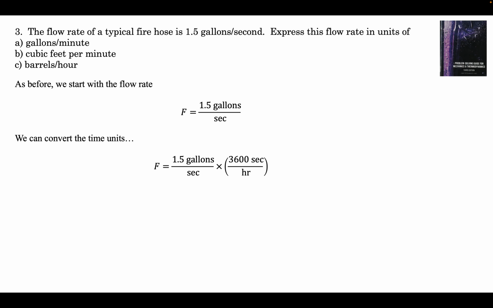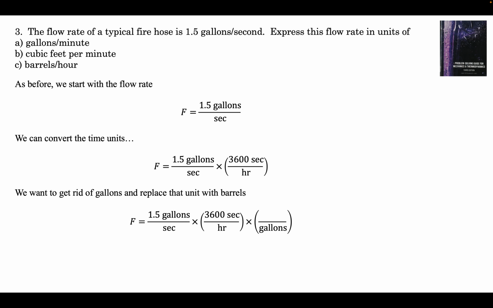And if you wanted to know what the flow rate in gallons per hour is, it's 1.5 times 3,600, which is 5,400 gallons per hour. Anyway, we want to get rid of gallons and replace that with barrels. So we put the gallons in the bottom, so they cancel.